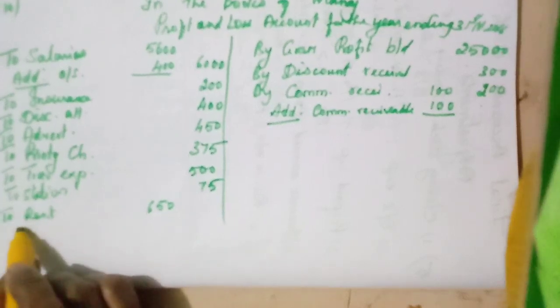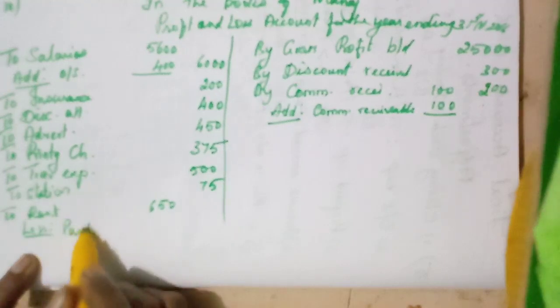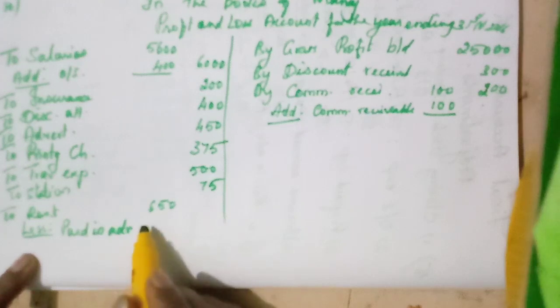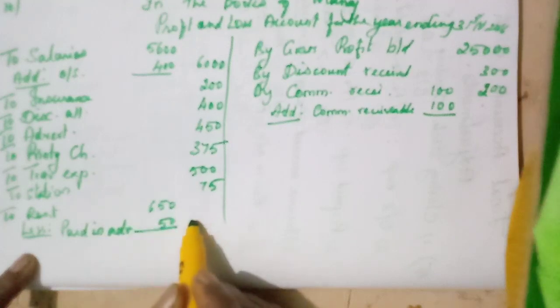Then, rent paid in advance, so less paid in advance 50. 600.